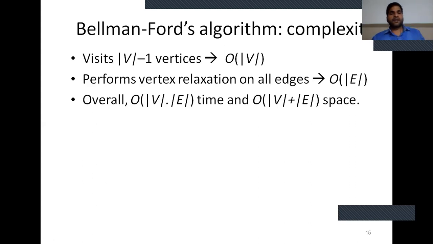So the time complexity of the Bellman-Ford algorithm equals order of |V| times |E|, and the space complexity is order of |V| plus |E|. While the time complexity of Dijkstra's algorithm equals order of |V| log |V|.